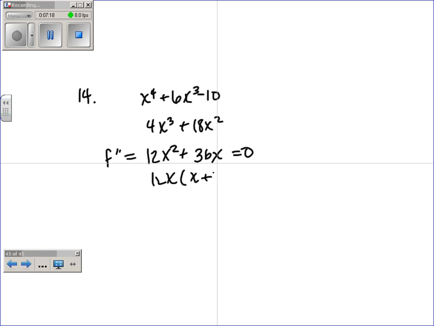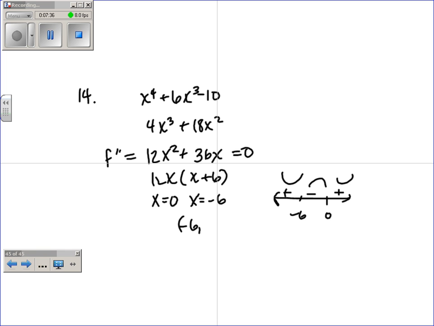You're left with x plus 6. x equals 0, x equals negative 6. So negative 7 would be negative, negative, so positive. Negative 5 would be negative, positive, negative. So indeed we do change at both these places. So negative 6 comma f of negative 6 and 0 comma f of 0.